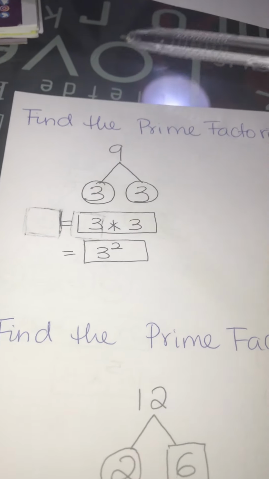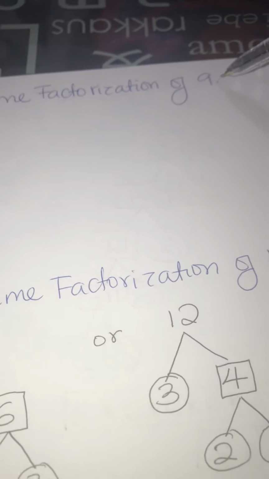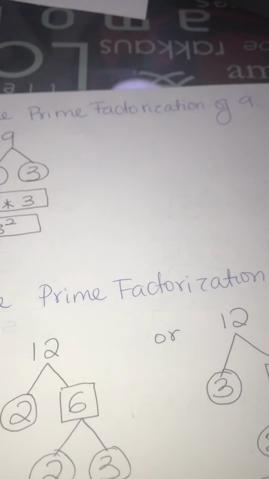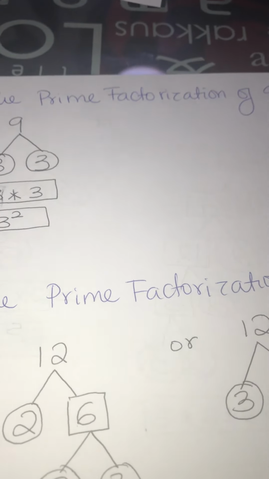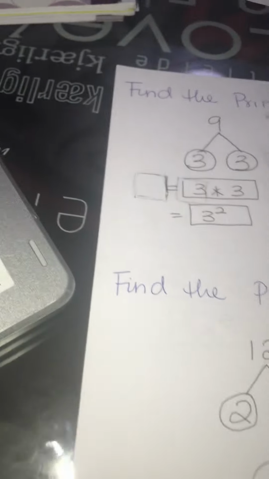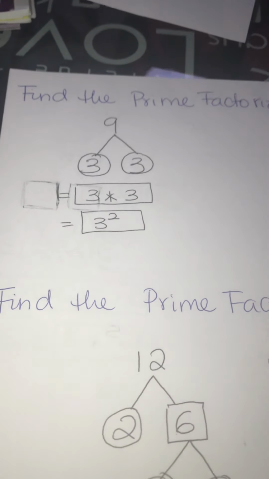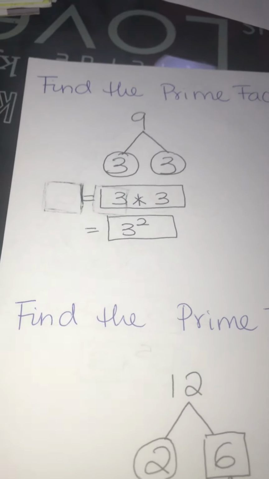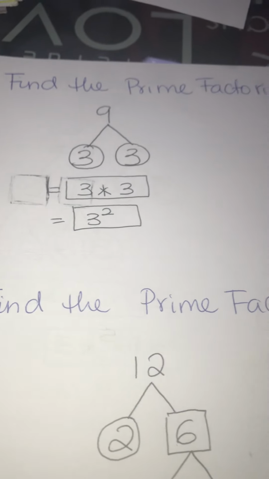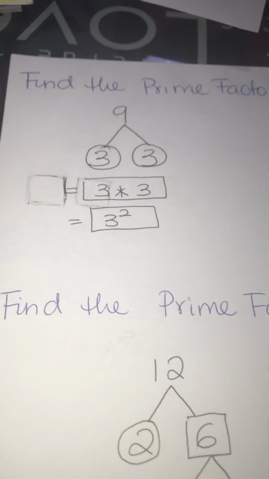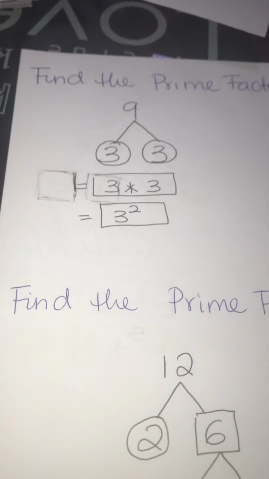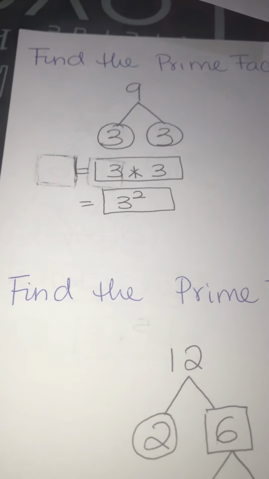Okay. Now, let's do the first one. Find the prime factorization of 9. When you're doing prime factorization, you cannot use decimals in your work. I should not see decimals in your work. You should only use whole numbers. No decimals. You should know your times table, otherwise, you will not be successful.